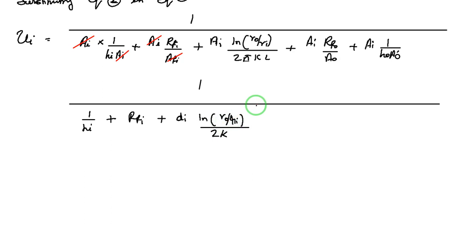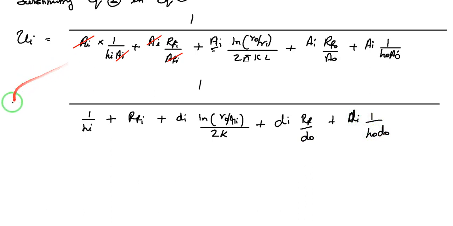So area, diameter. So inner we are going to take, if you take circumference, we don't get L. Okay. Circumference. Fine. Plus di rf divided by d naught plus di 1 by h naught d naught.